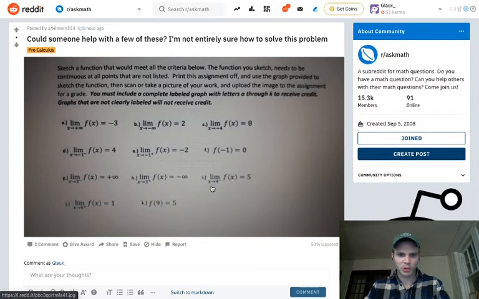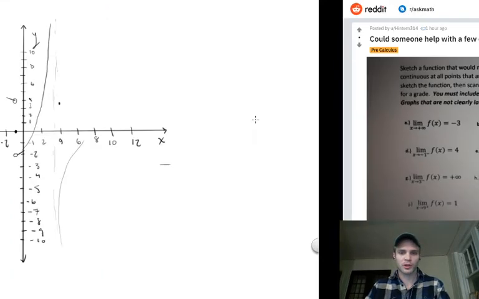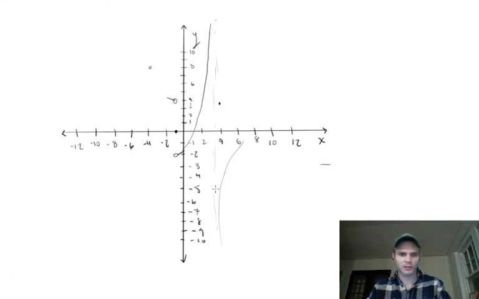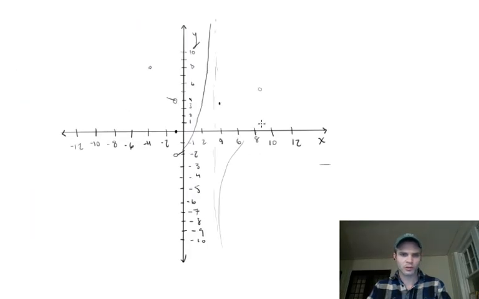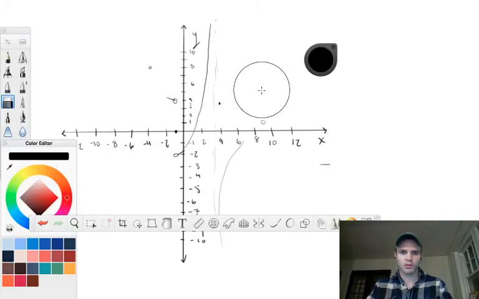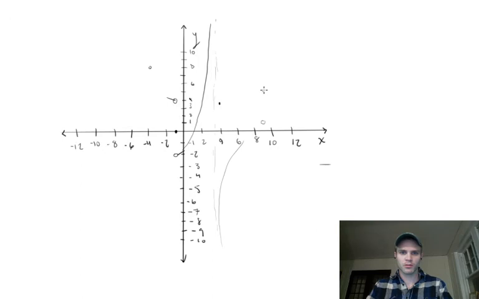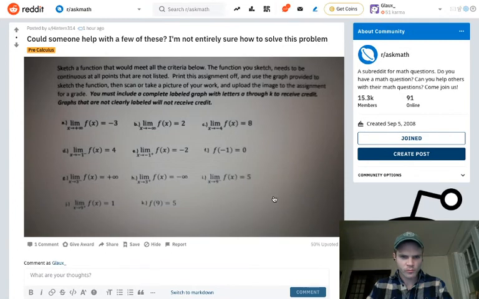And as we approach 9 from the left, we go to 5. So here's 9 from the left, so it should be somewhere around here. And then 9 from the right goes to 1. So 9 from the right goes to 1. And these are both over x equals 9.